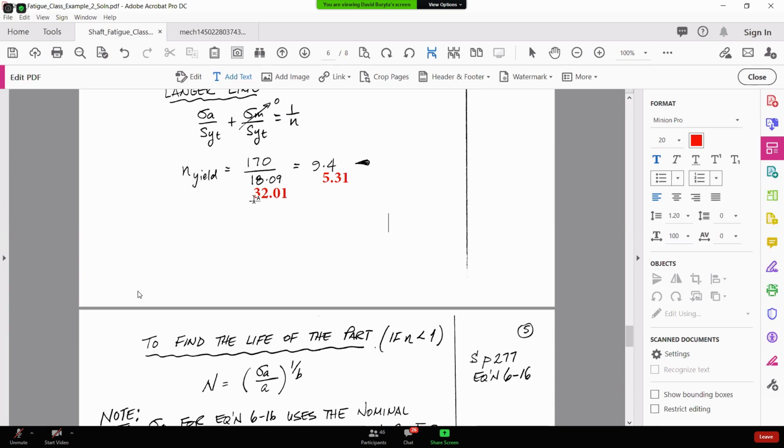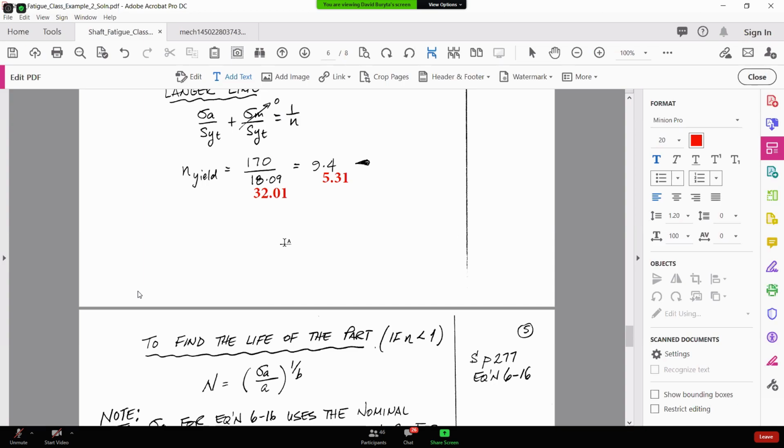Some people will say, because you're looking at yielding, you should use the Kt, and some will say no, just use the nominal stress. So when you're doing your test, state what you're doing: I'm using the nominal stress, I'm not including the Kf, or I'm using the Kt. It's really a judgment call, and it depends on where you work, how they do it, and the philosophy of the design people at your workplace.